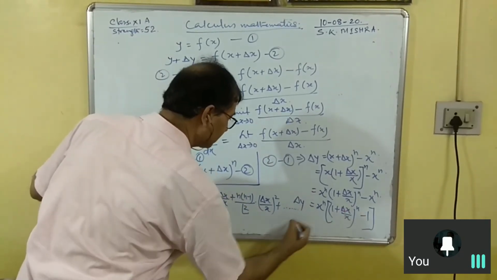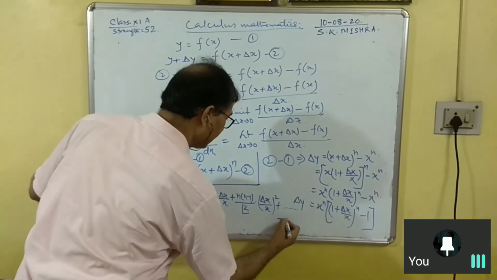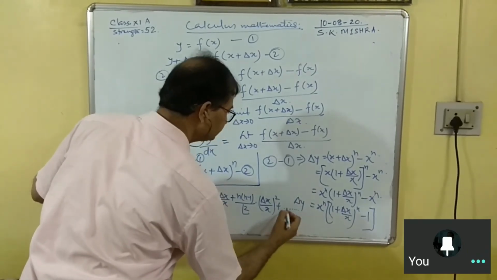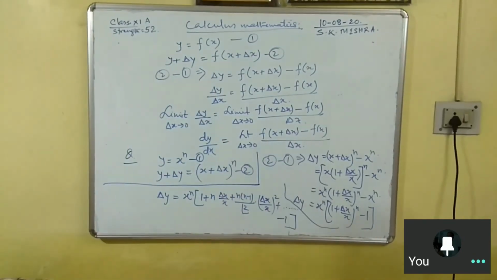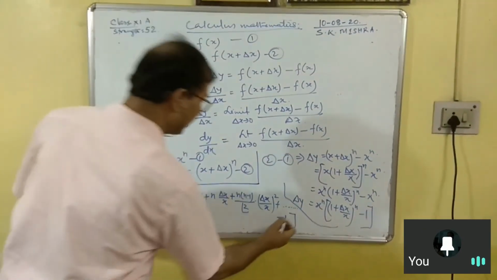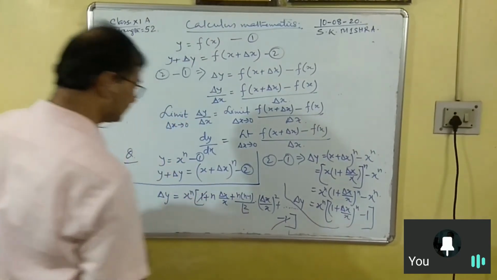Remember, the first day I did this binomial expansion, binomial theorem. Lastly, you are getting minus 1. So should I write minus 1 here? No problem. Now this minus 1 and plus 1 will cancel out.